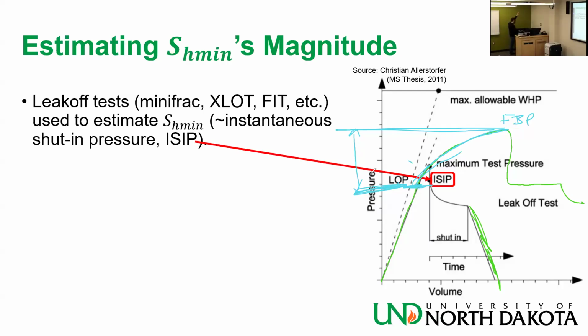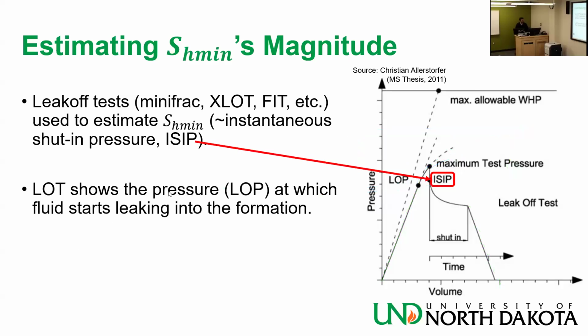It's not like the well is going to raise a flag and say, I'm fracked, stop pumping, you know? Any point there can lead to fracture. So now when I'm talking about fracture, I'm talking about tensile fracture.